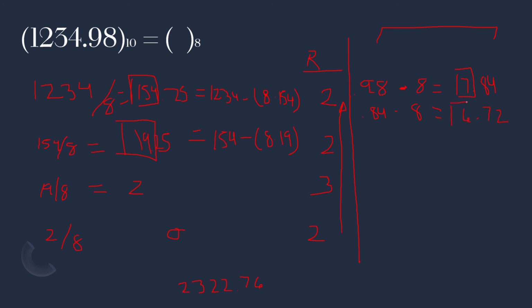Keep that number. We put the fraction part through it again, times 8. And we'll just wrap it up here on this one. 5.76. So we read down for fraction parts. 765. So 2322.765 in octal is 1234.98 in base 10.